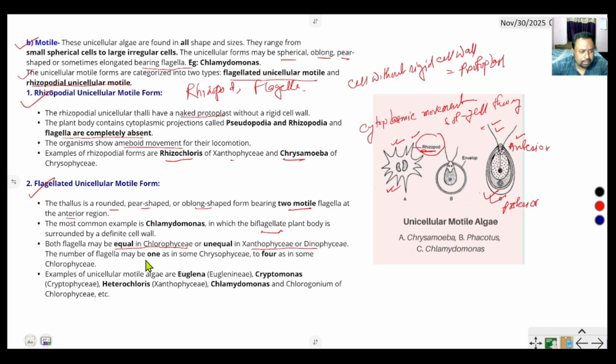The number of flagella may be one in some Chrysophyceae, and four in some Chlorophyceae. Examples: Euglena, Cryptomonas of Cryptophyceae, Heterochloris of Xanthophyceae, Chlamydomonas and Carteria of Chlorophyceae.